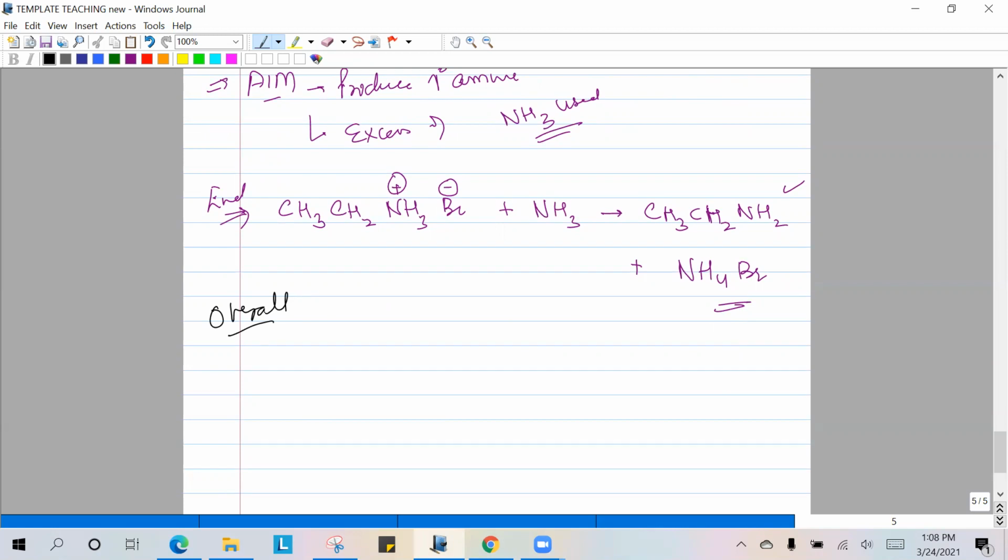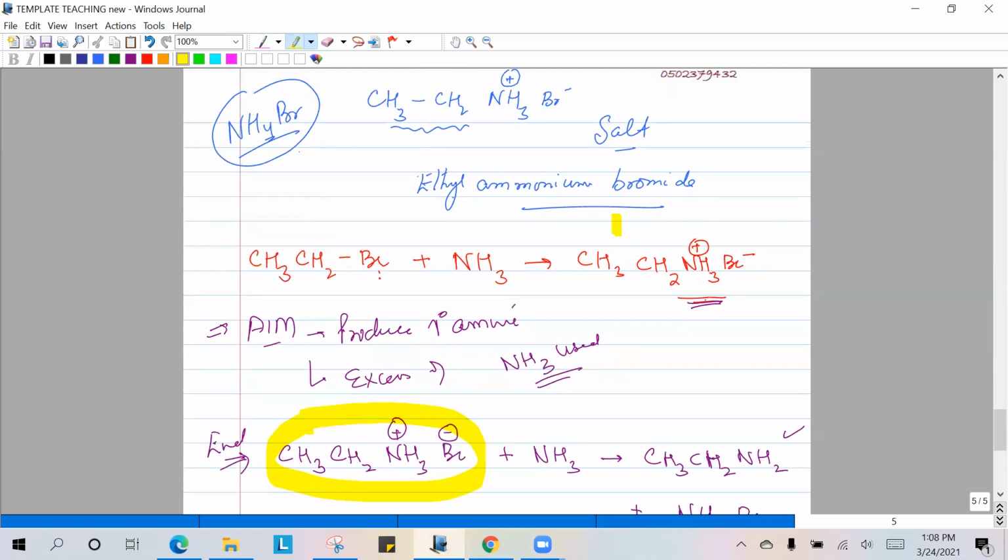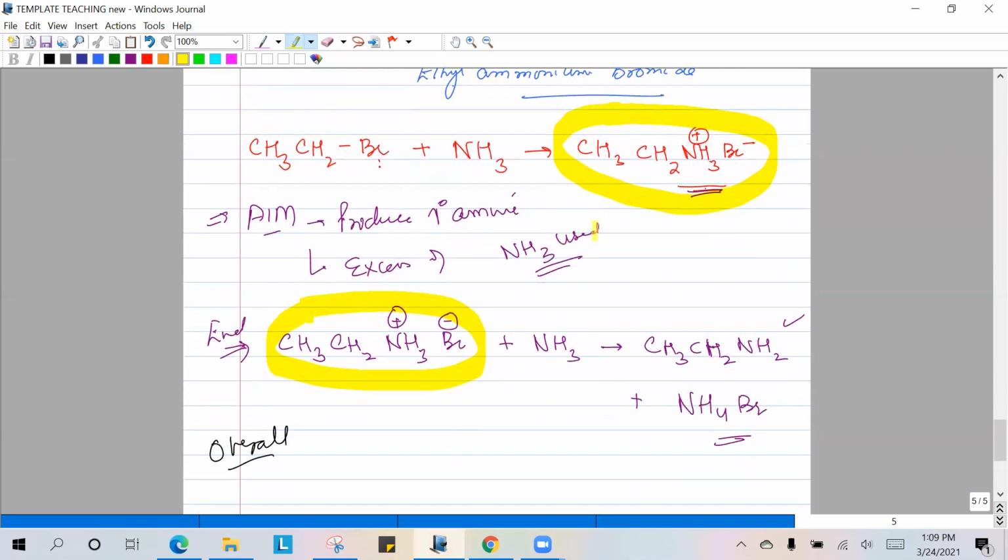But right now, what is actually happening is that your salt is being formed as an intermediate. An intermediate is something which is produced during the reaction and is used up. So you will not see it in the starting, and you will not see it at the end. It is produced in the reaction and used in the reaction.